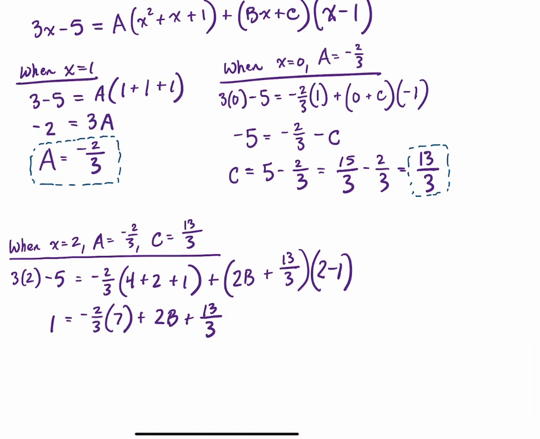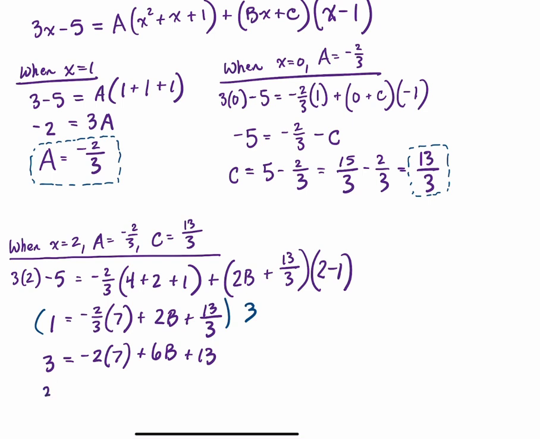Okay, we can get rid of these fractions by multiplying everything by 3. So on the left side, that would give us positive 3. It will clear the 3 for that first term. Just get negative 2 times 7. This will become 6b plus 13. So we multiplied that whole equation by 3 on the left and right side.